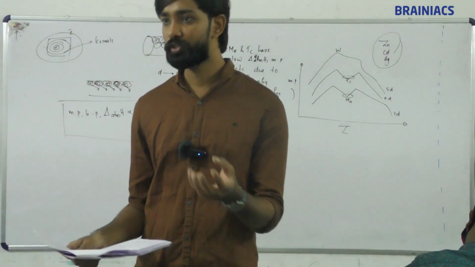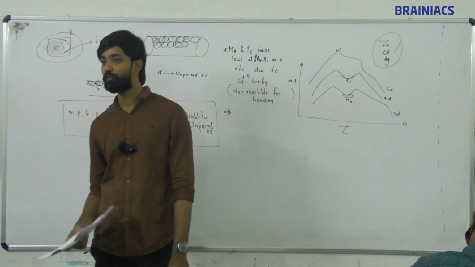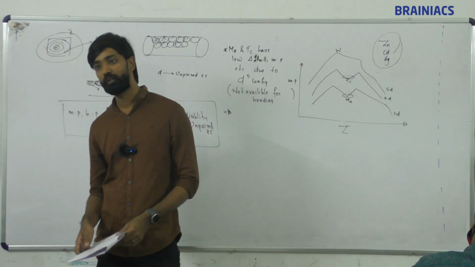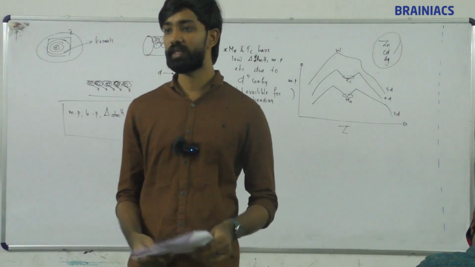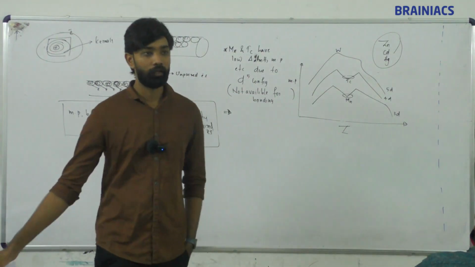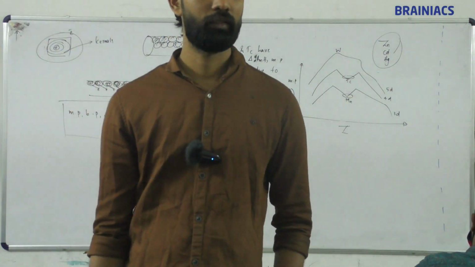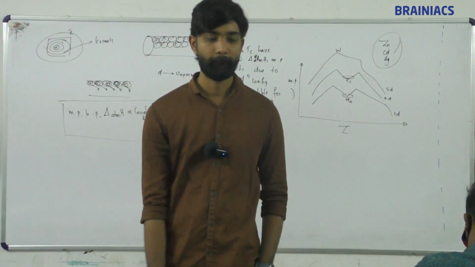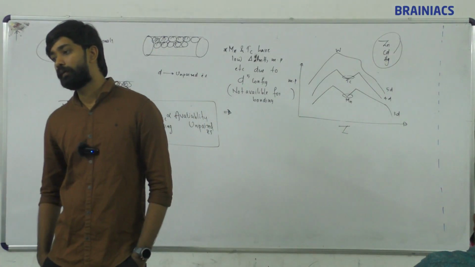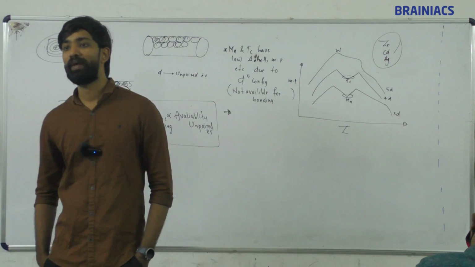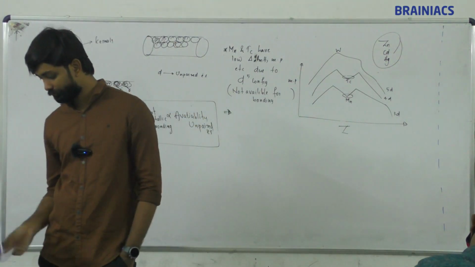Volatile means easily vaporizing tendency, which means the molecular force of attraction is weak. So melting point, boiling point, like that, all properties are entirely different. Volatile, and they have a typical close-packed structure or crystalline structure. Typical crystalline structure.